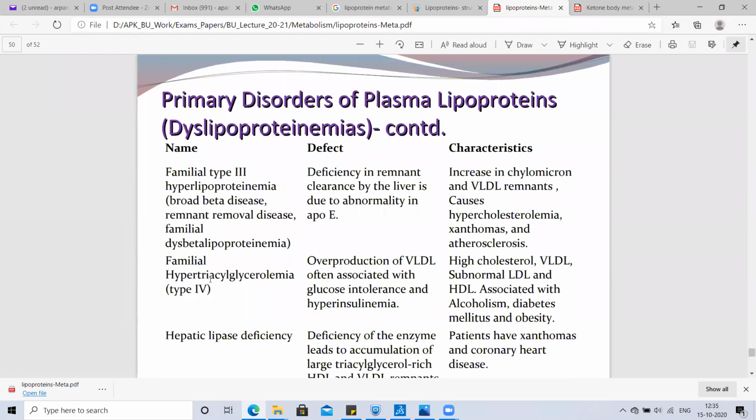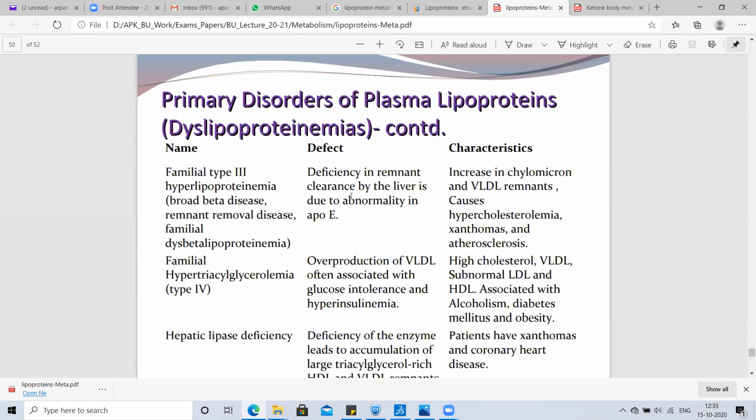There is also familial type 3 hyperlipoproteinemia, also known as broad beta disease, remnant removal disease, familial beta lipoproteinemia, familial hypertriacylglycerolemia, or hepatic lipase deficiency disorder.